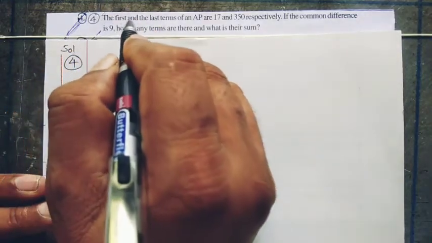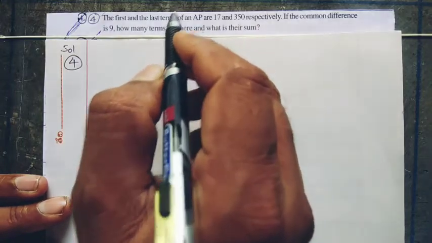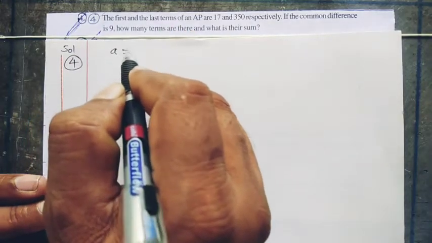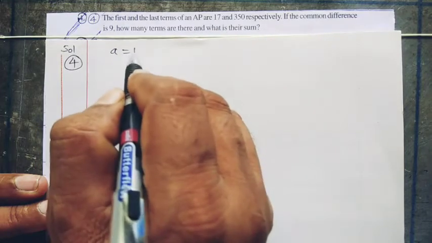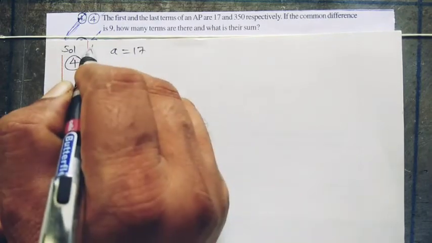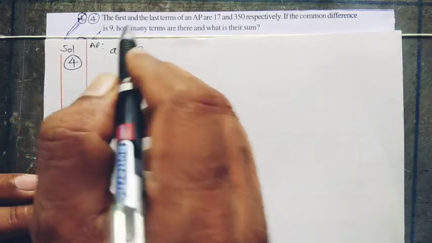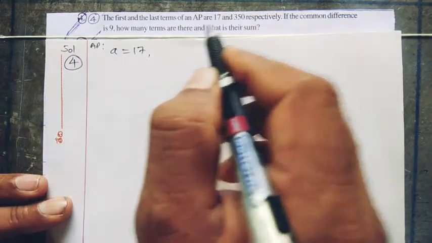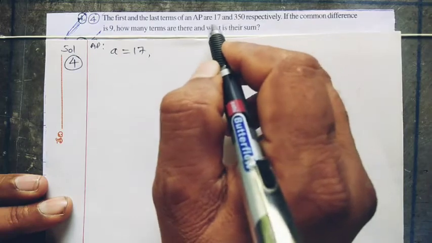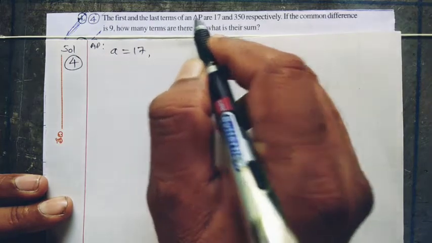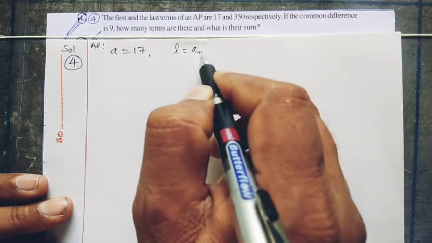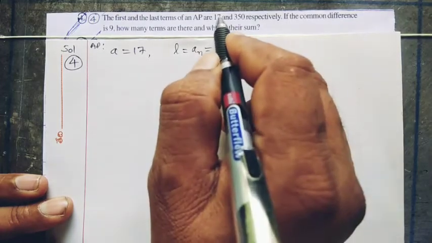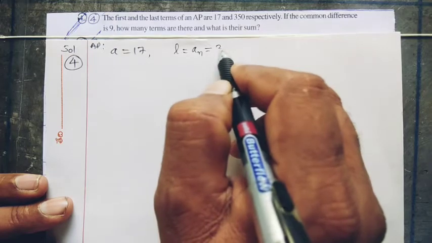Given here the first and the last term. First term A is given, 17. This is AP, and the last term L is equal to An is equal to 350.